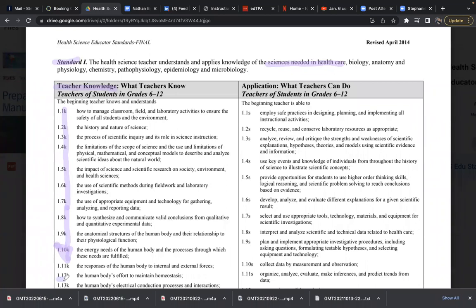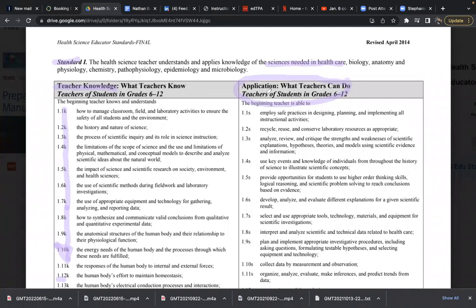Now, you have to know these things, but the big portion of it, Yesenia, for your exam, is that every correct answer on the exam is going to come from the right-hand column. It is going to come from your application of your knowledge into the classroom with students. So not just what you know, but what can you do with that knowledge in the classroom with the students?